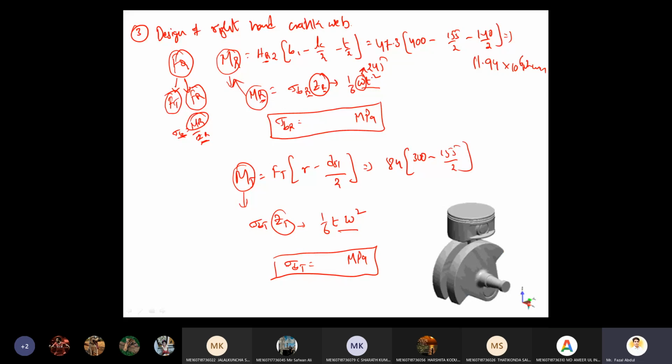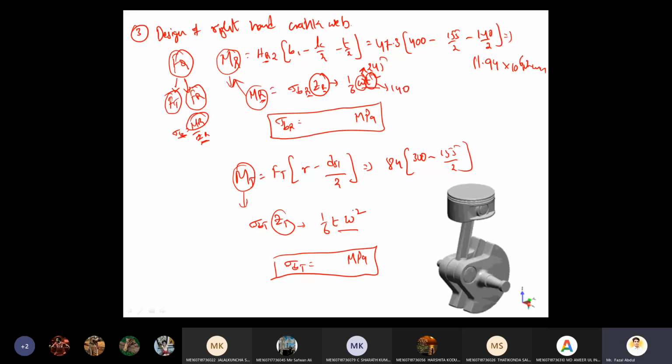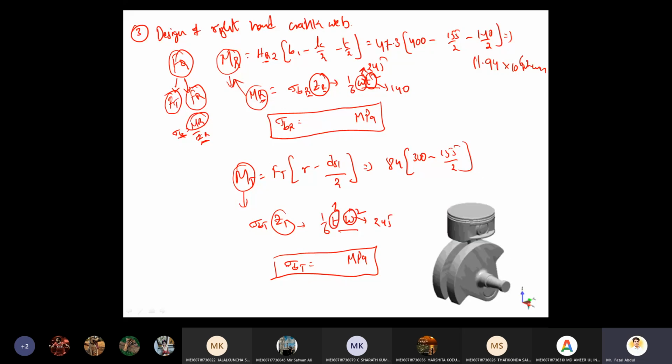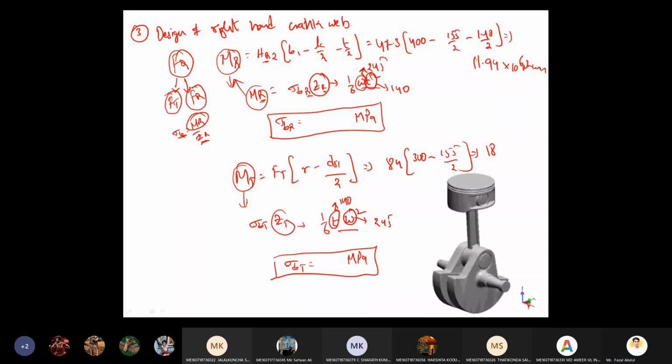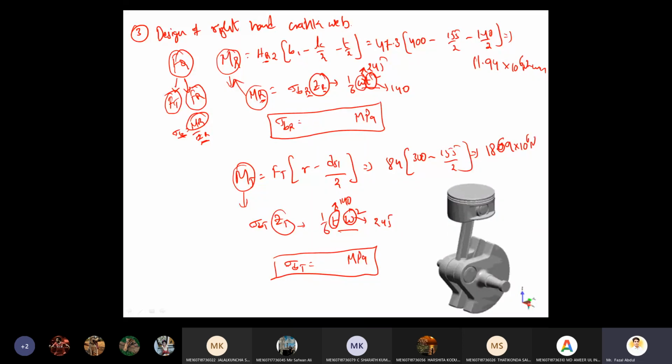T value 140. Here also 245 and here 140. And now what is the FT value here? The FT value is 18.69 into 10 to the power of 6 Newton mm.